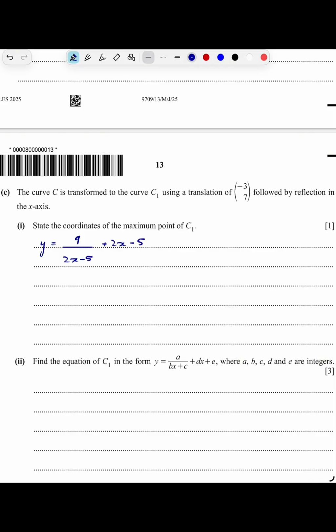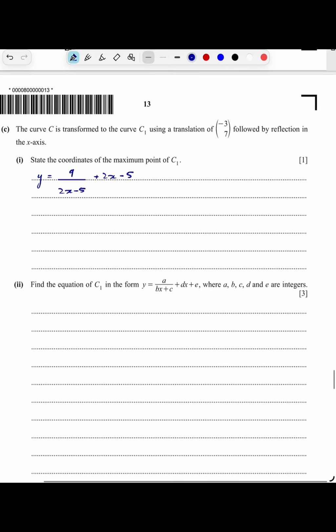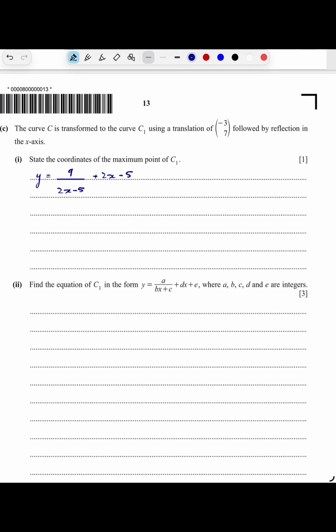So this was the curve C. I want to translate it first and then reflect it. Initially, what I'm looking for is that any (x, y) coordinate, x will become x minus 3 and y will become y plus 7.